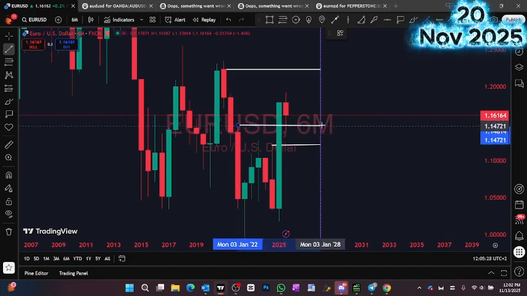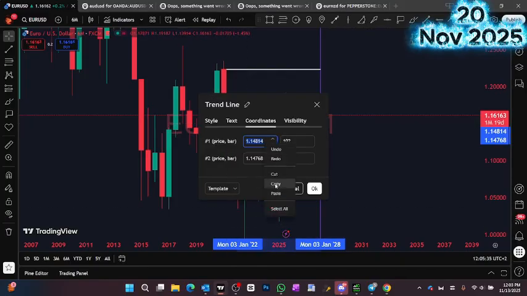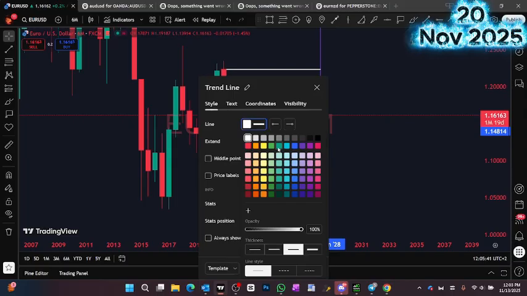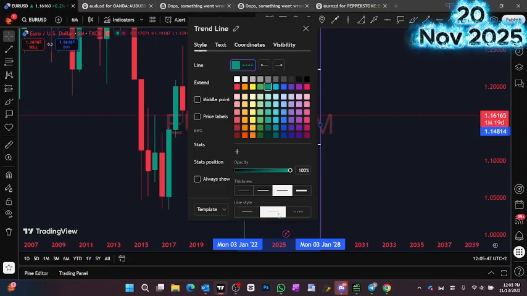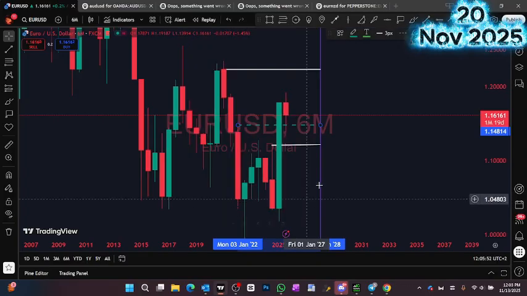So we have a bounce here. Some might call it a retest. Let's go green because it's 6 months. Let's use the dotted lines just to show that it's been used.